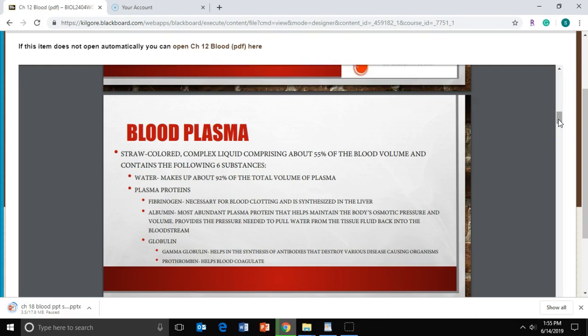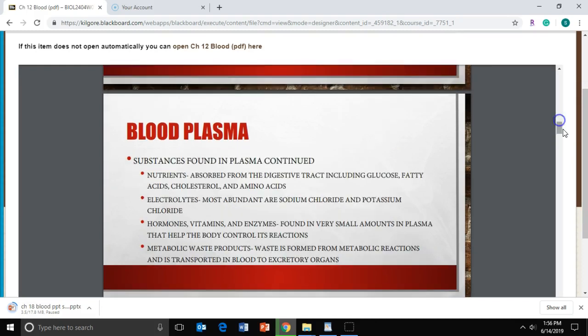Gamma globulins are antibodies, so they're important in helping us destroy certain types of organisms that might come into our body. And then prothrombin is another plasma protein that will help blood coagulate. Coagulation is the same thing as clotting of the blood.